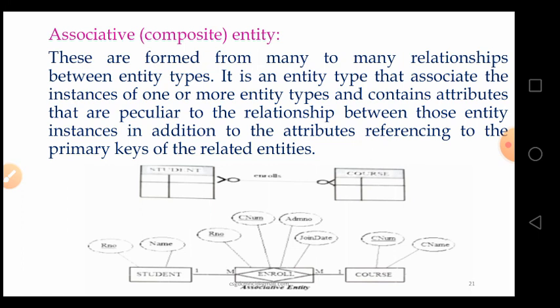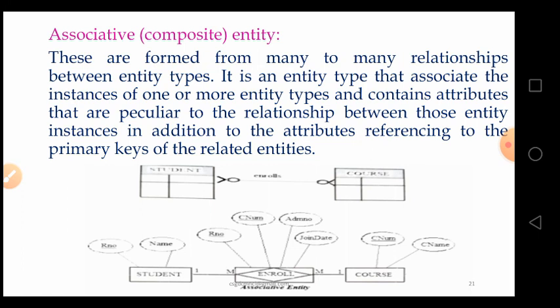Here, student and course are two entities. Enroll is an associative entity. That means the relation between two entities, that is student and course, is called an associative entity. Here, student has roll number and name as the two attributes.